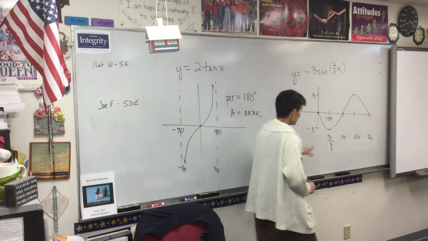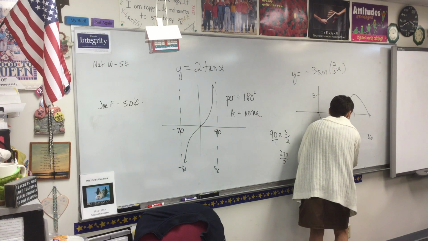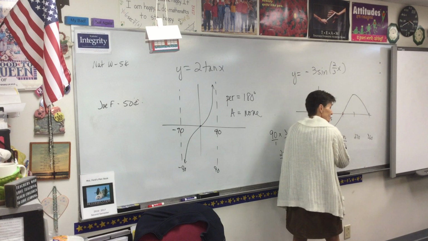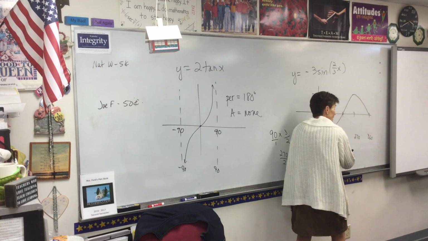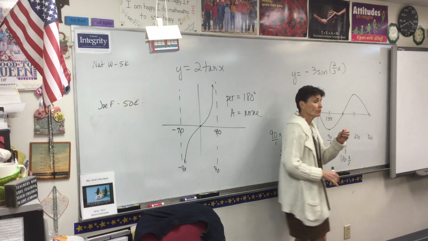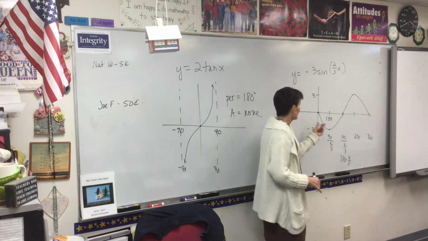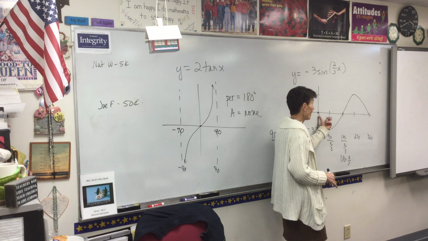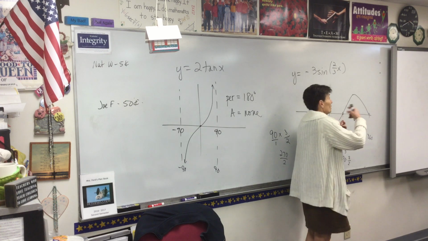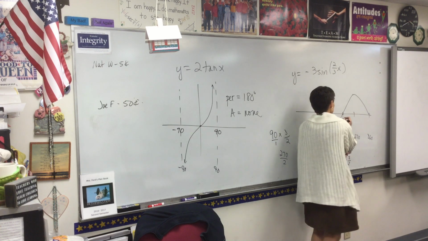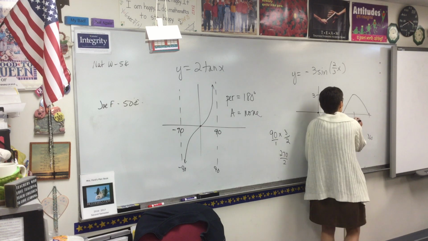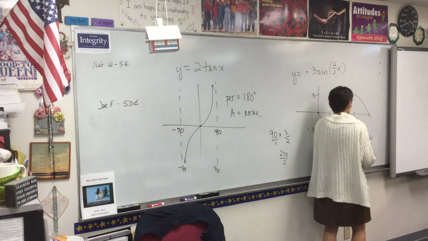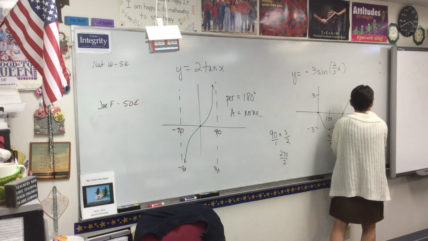Now, if you want to do the same arithmetic for each one of these, you would take 180 times 3 over 2, you can do that. You can also do it by addition. Since that's 135, this one's going to be plus a 135, so it'll be 270, plus a 135, plus a 135.